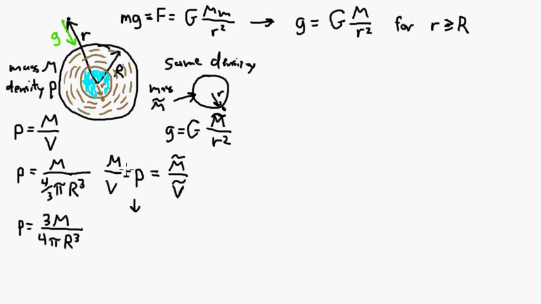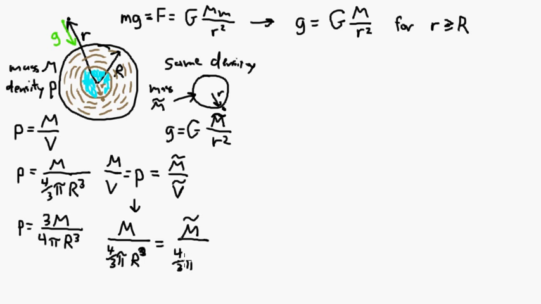So now we can say mass of the big planet over volume of the big planet, which you'll recall was 4/3 pi R cubed, equals M squiggle over the volume of the little planet, which is 4/3 pi times little r cubed.